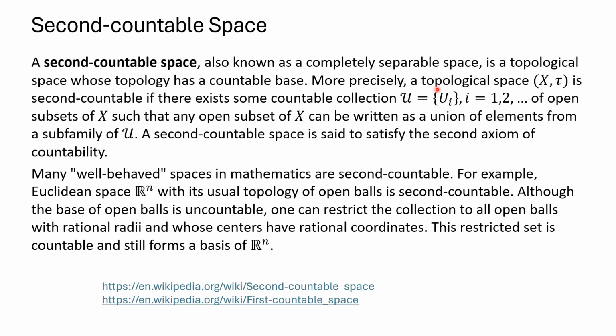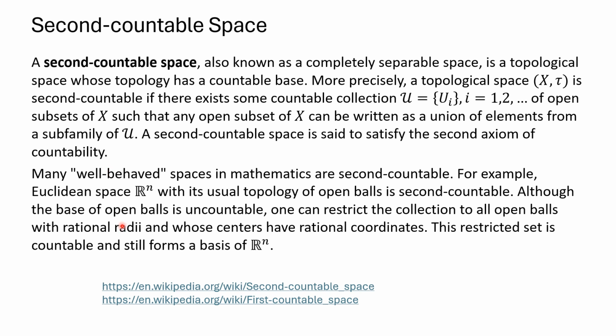More precisely, a topological space is second countable if there exists some countable collection U, with these sets U_i, where the index is countable, of open subsets of X, such that any open subset of X can be written as a union of elements from a subfamily of U. A second countable space is said to satisfy the second axiom of countability.